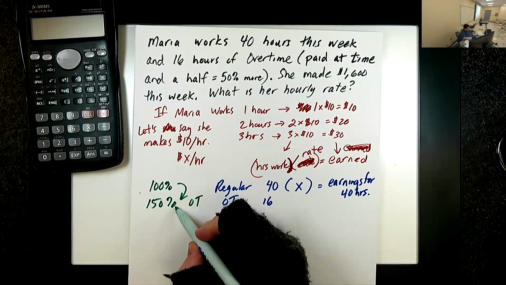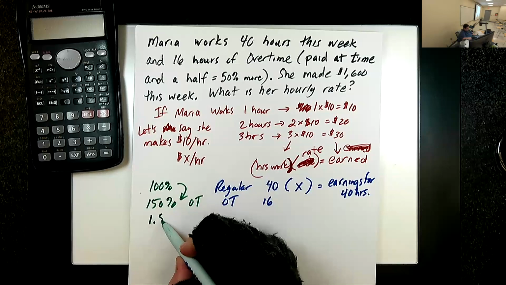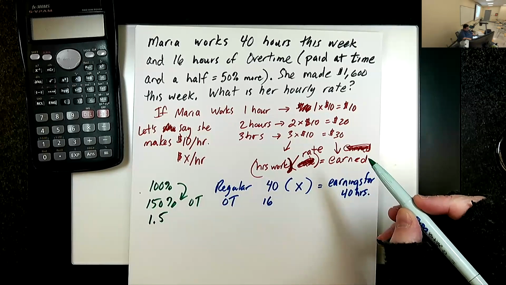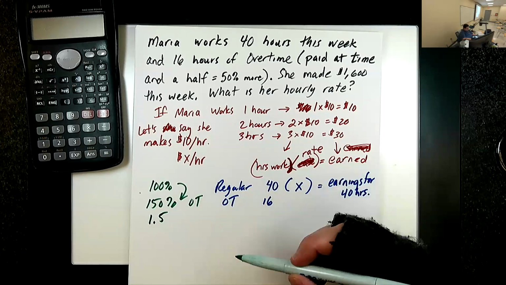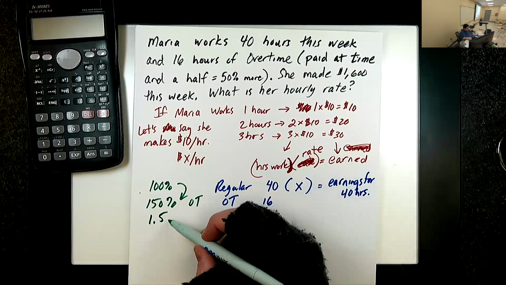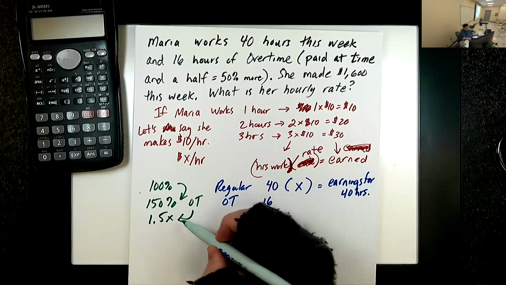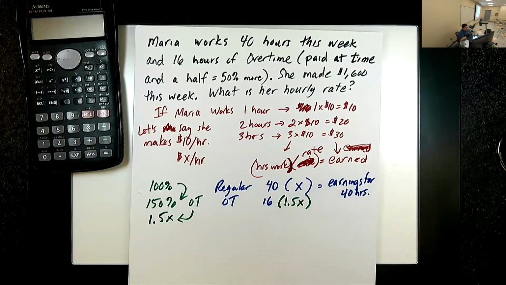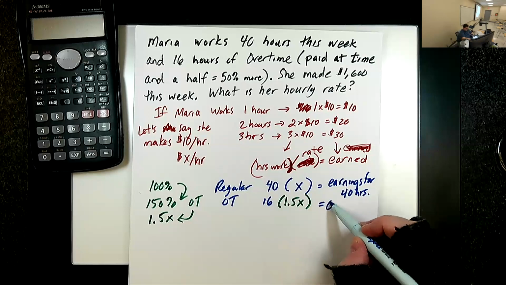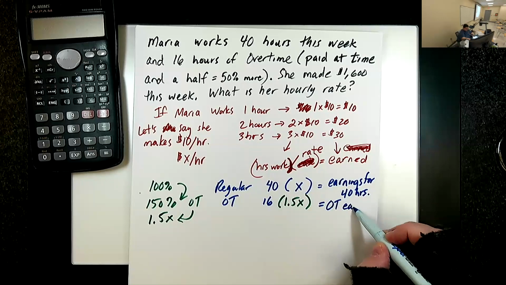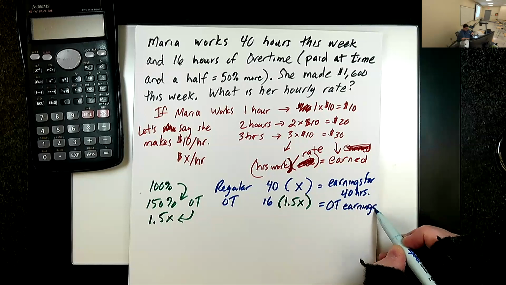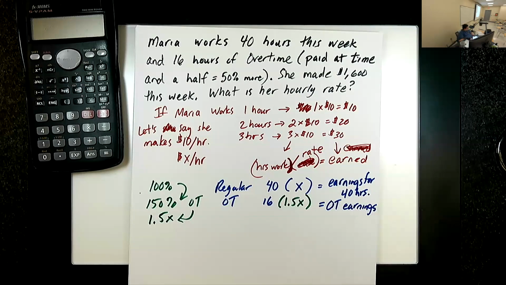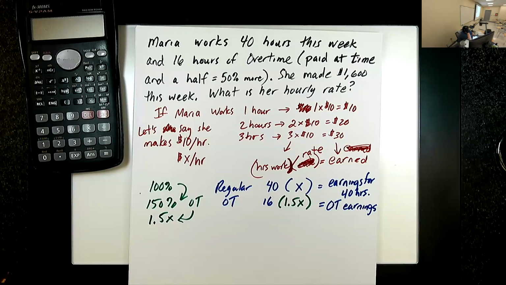Well, 150% as a decimal is 1.5. So her hourly rate should be 1.5 times X for overtime. That's what I'll put in right here. And that's her OT earnings. Does that make sense?